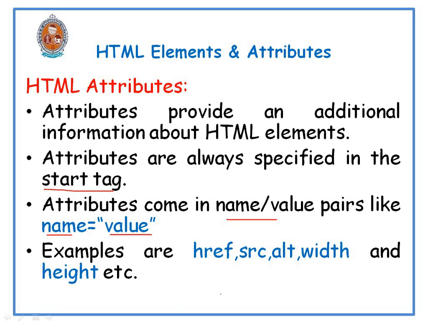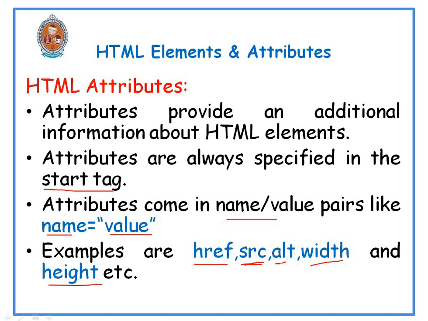We have many examples of attributes. These are some of the examples: href, src, alt, width, height. href is used in the anchor tag. It provides information about the document location, whereas src is an attribute of the image tag. It provides information about the source of the image.